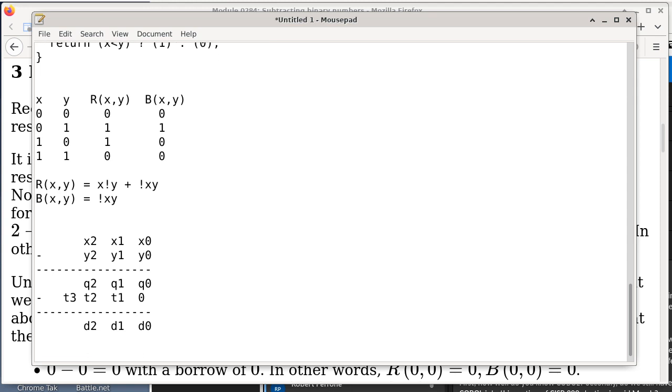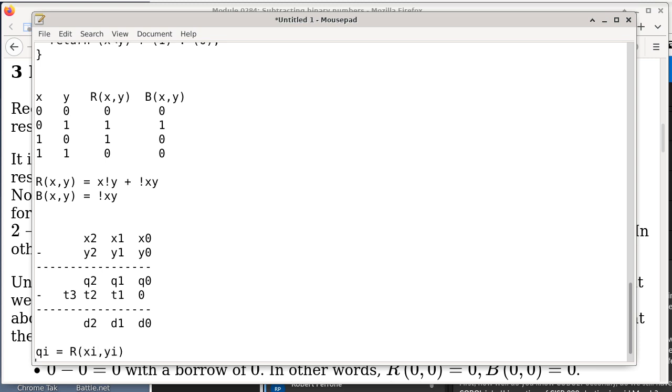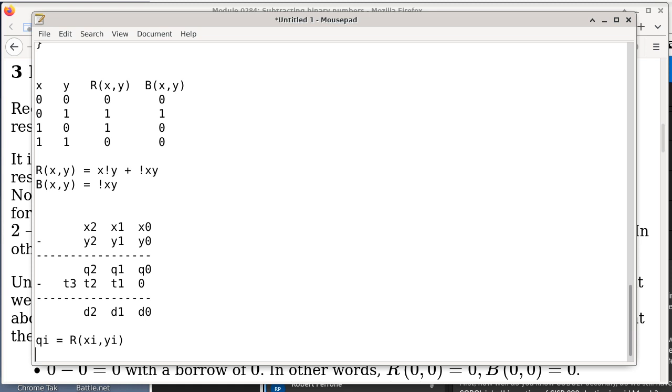Okay. Now I want to know how they relate to each other. So Q of i is what? Xi, yi. Okay, that's not too bad, right? How about Di? Yep. So R of Q0, Qi, Ti.